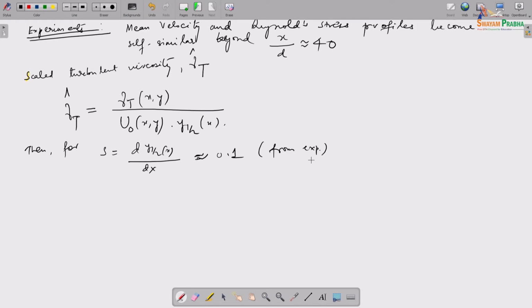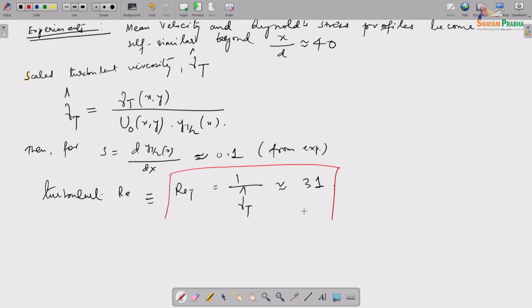Now the turbulent Reynolds number, RET, is about 31 for a self-similar plane jet.